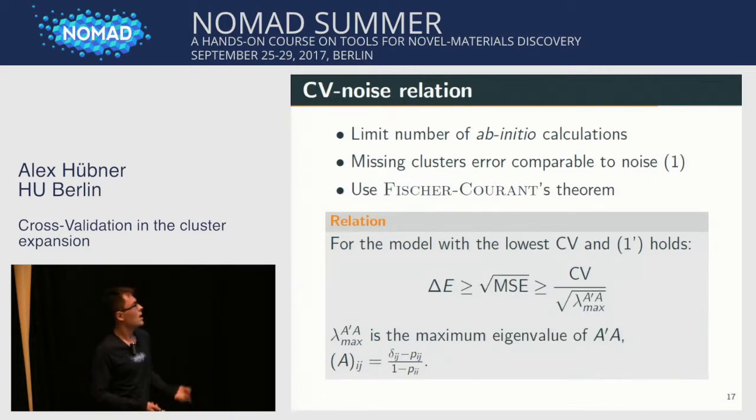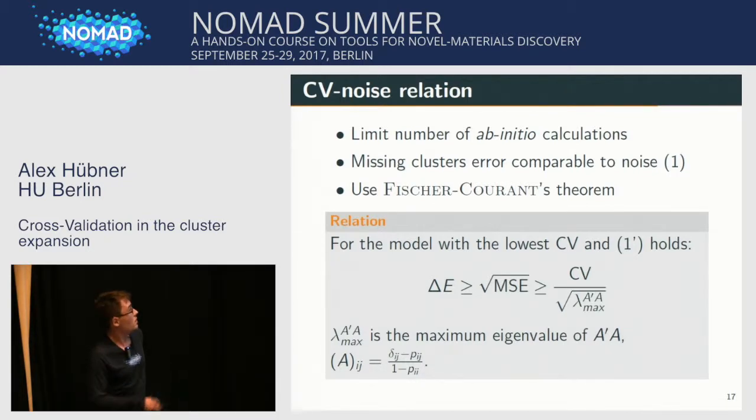And so our idea was that when the error of the predictions which comes from the missing clusters in our model becomes comparable to the noise in the overall data, then that should be a break-off criterion of our ab initio calculations.